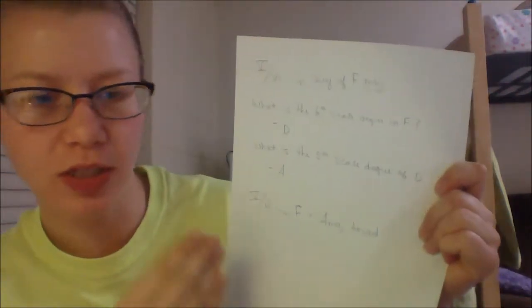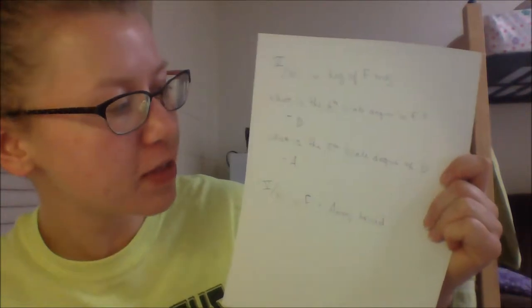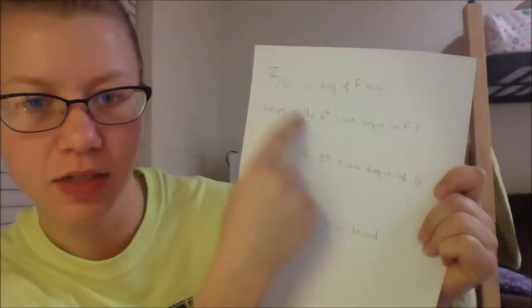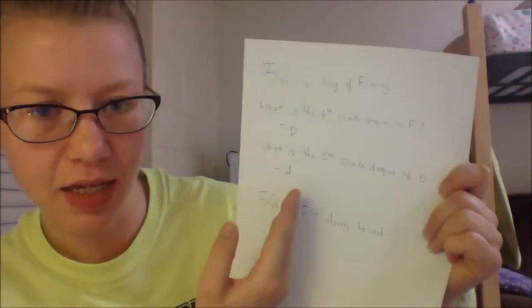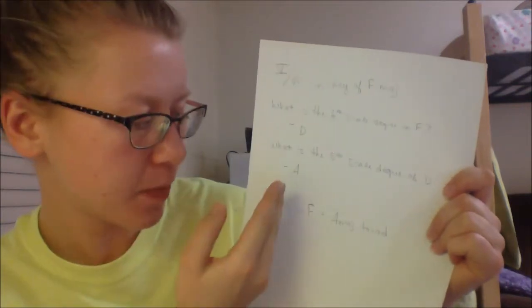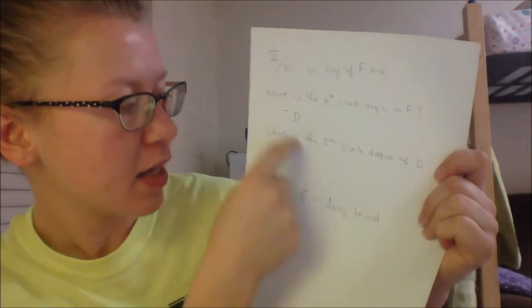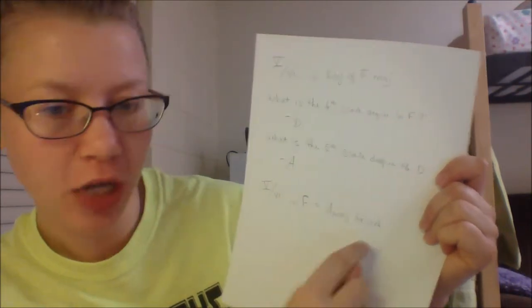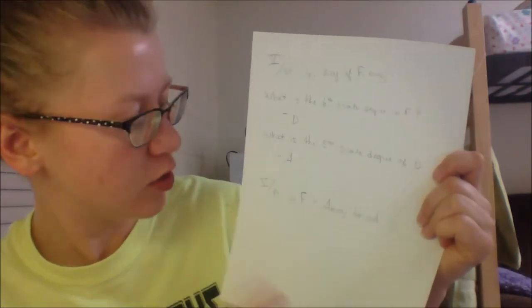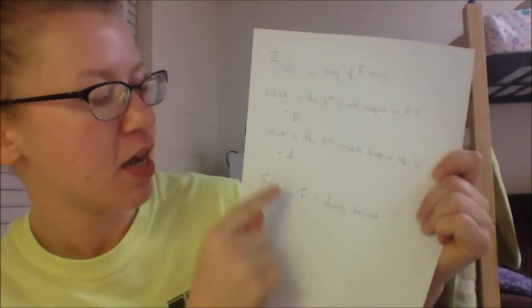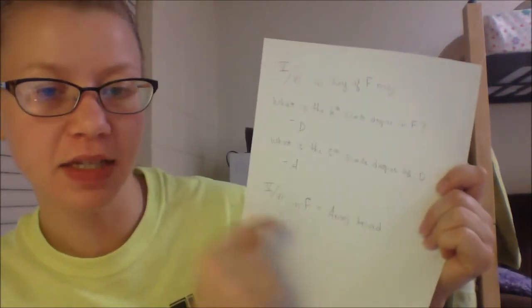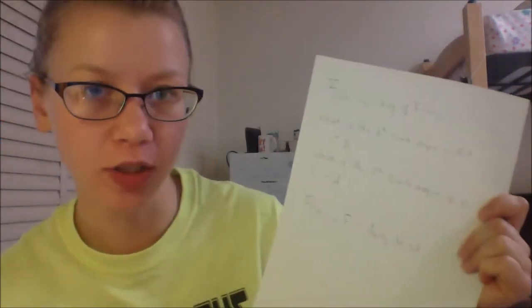So the next question is, what is the 5th scale degree in the key of D? And that answer is A. Therefore, an A major triad is the result of a 5 of 6 in the key of F major. I hope that helps, but we're going to go through it forwards now, okay?